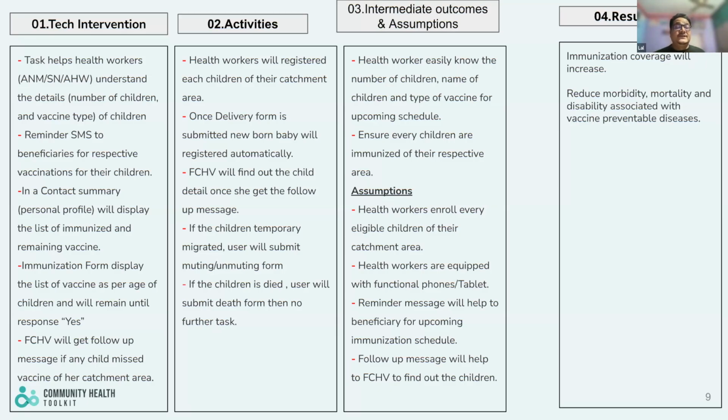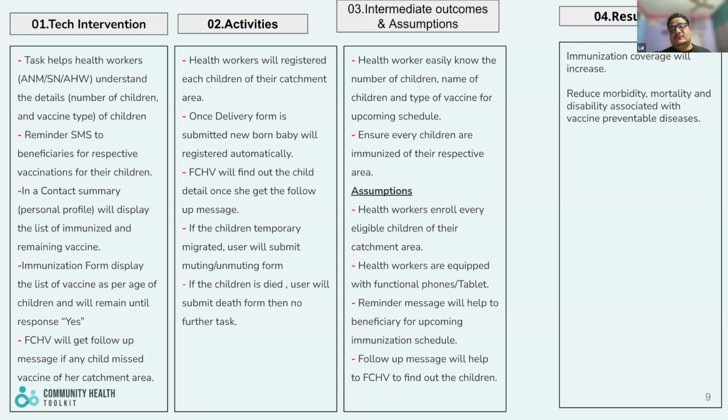Similarly, the intermediate outcomes would be to easily know the number of children and the required doses of vaccines, and ensure every child is immunized in their respective area. Here our assumption is that health workers enroll every child of their catchment area with the help of an immunization registry or the child health card where they have the record, and the health workers are equipped with functional phones or tablets. A reminder message will help beneficiaries with upcoming schedules.